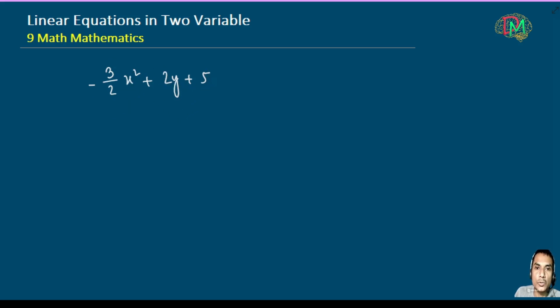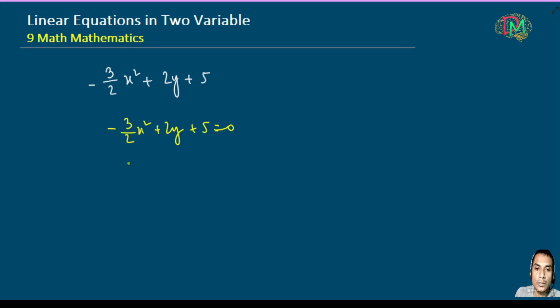And when two algebraic expressions are balanced by an equal sign, then it is called an equation. For example, if I write this same algebraic expression as minus 3 by 2 x square plus 2y plus 5 is equal to 0, then we can say it is an algebraic equation.